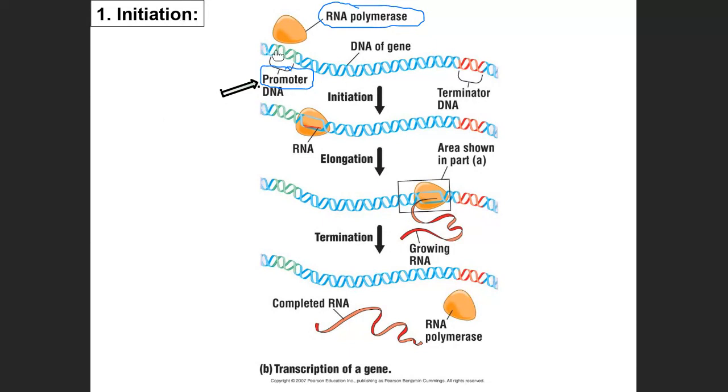The promoter is a region of DNA just before the gene, and this promoter helps RNA polymerase locate the gene. And not just locate the gene, but locate the start of the gene. In other words, help RNA polymerase locate the beginning of the gene so it knows where to start transcription.